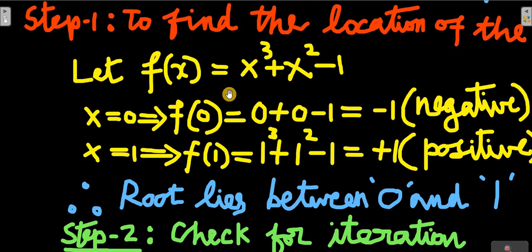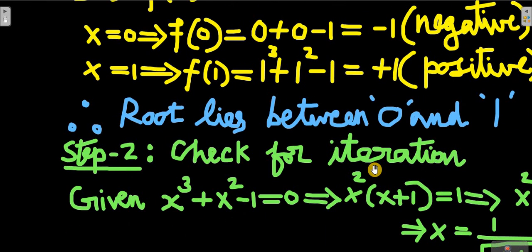Then we find where f changes from negative to positive, so definitely the root lies between 0 and 1. That's the first step.